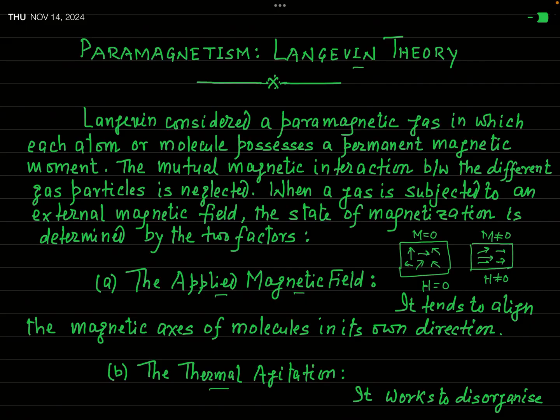It means the thermal agitation works to disorganize the orderly state produced by the magnetic field. Due to this thermal agitation, the molecular dipoles tend not to align along the line of the magnetic field. So at any given temperature, a kind of statistical equilibrium is reached with the majority of molecules having their axes parallel to the field direction and hence contributing to the intensity of magnetization.